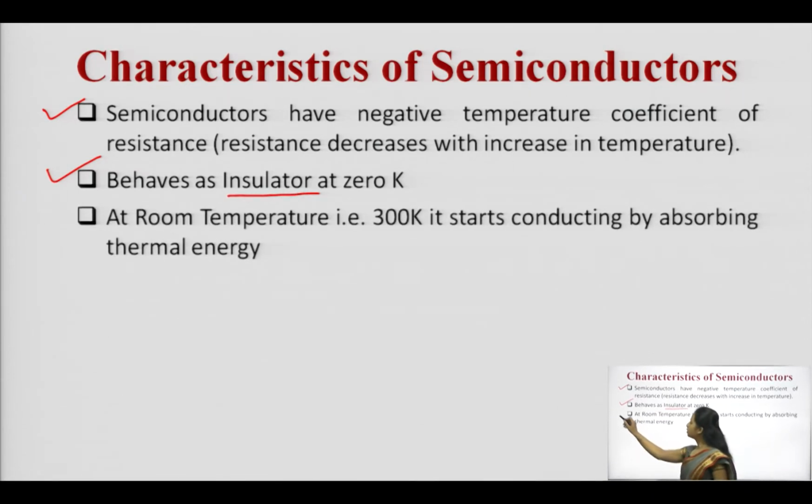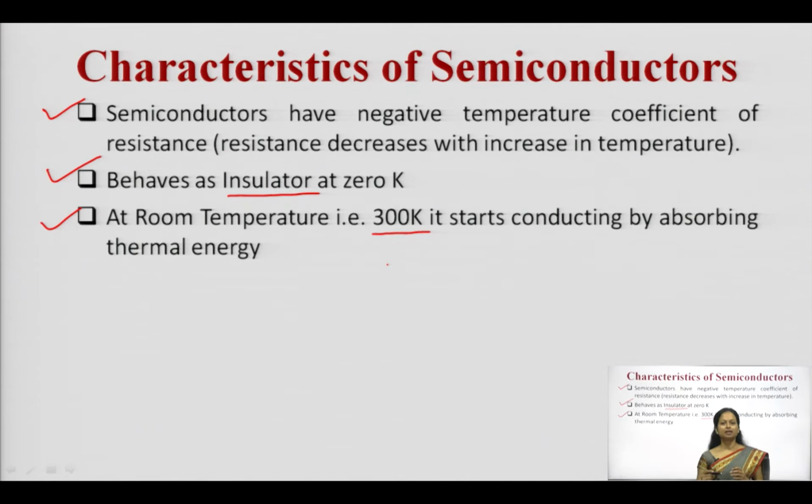At room temperature, which is 300 Kelvin, it starts conducting. But how does it start conducting at room temperature? Because of the thermal energy absorbed by the electrons, some of the electrons may be able to reach the conduction band, and those electrons will participate in the conduction process. It means at 300 Kelvin, conduction takes place because of thermal energy.